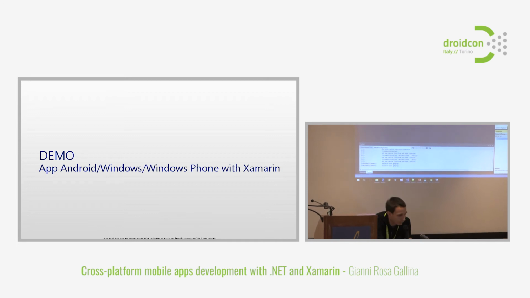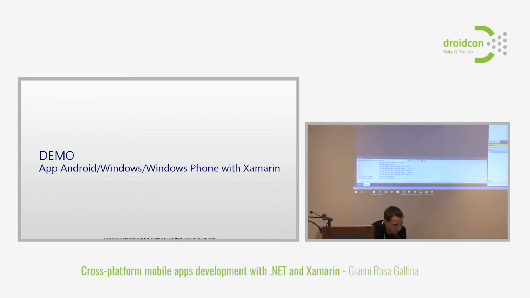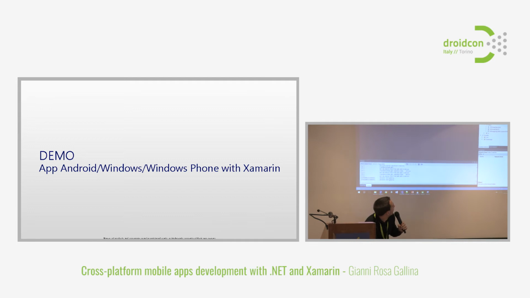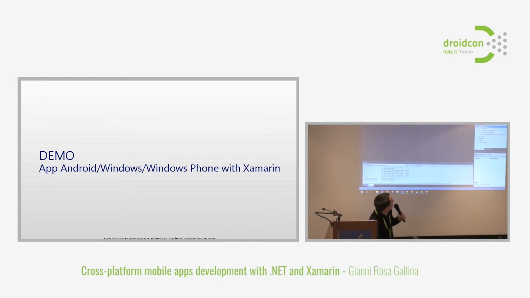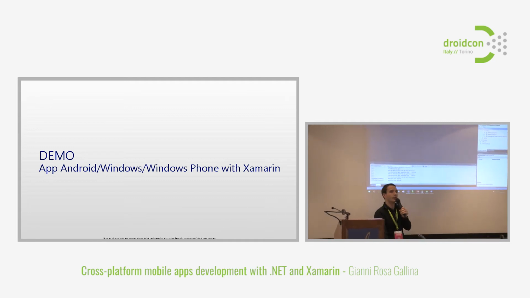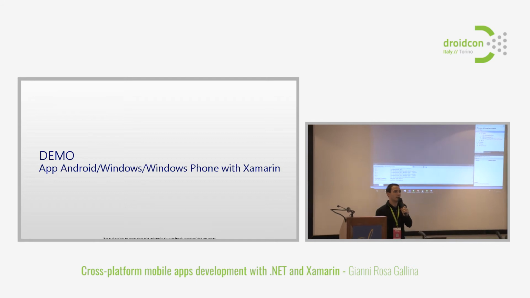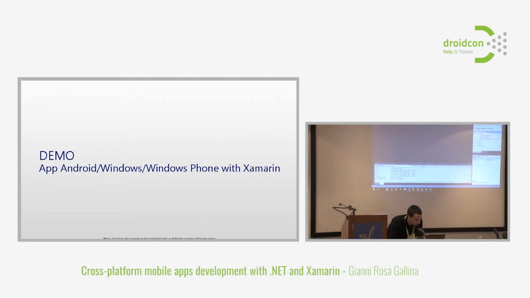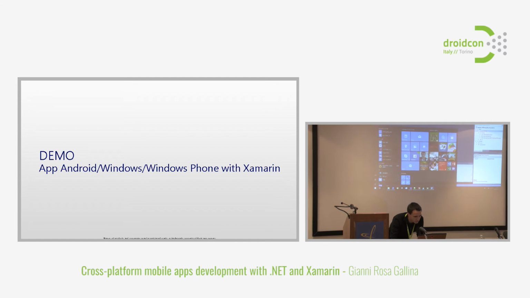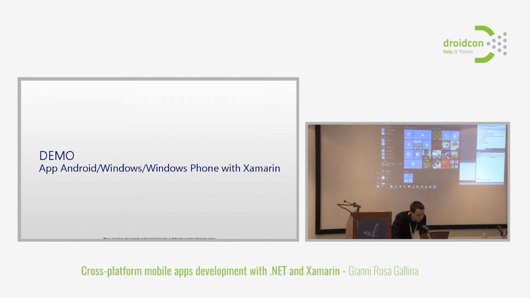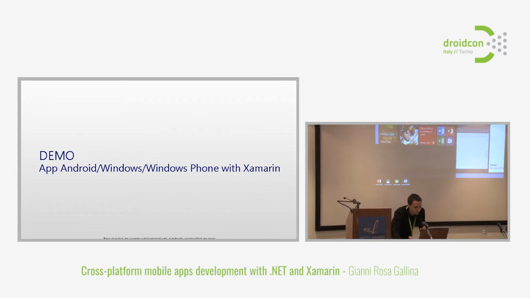So, this is Visual Studio. On the right side, there is the project. Can you see? Can anybody see that at the back? Otherwise, I can zoom in. Let's try this way.